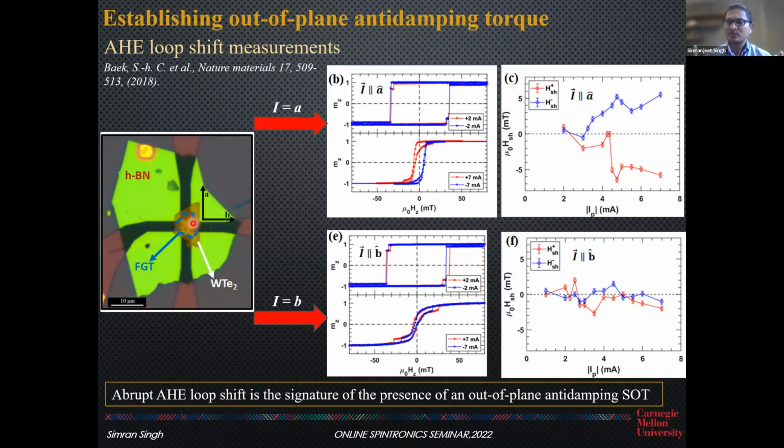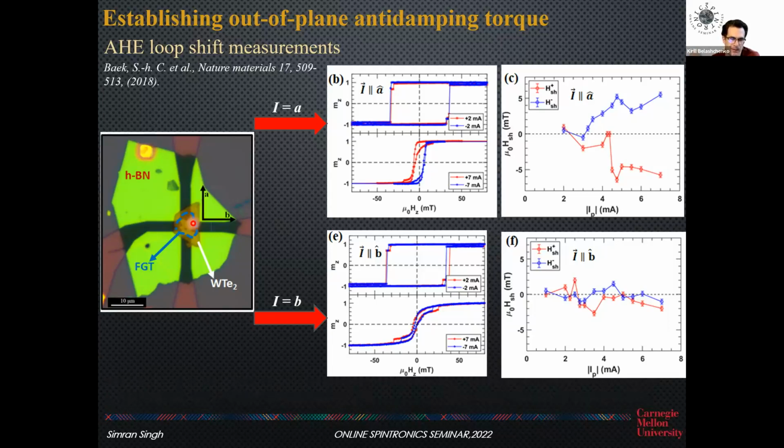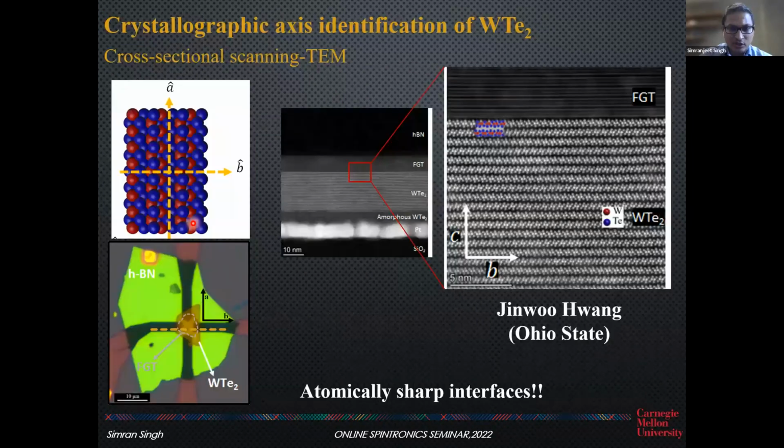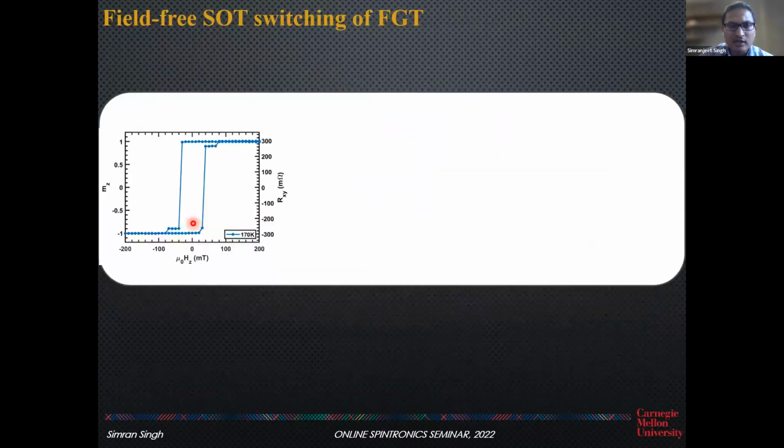So we try to make samples in such a way that most of the current is flowing through WTe2, because for us it's very hard to... But even with that, because it's an interfacial effect, your switching current is expected to scale, I suppose, proportional to the thickness or something.